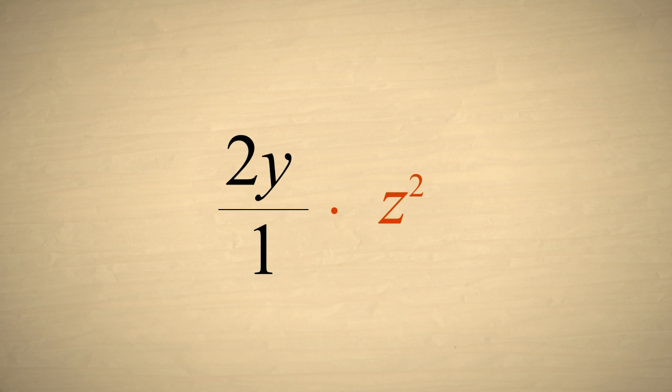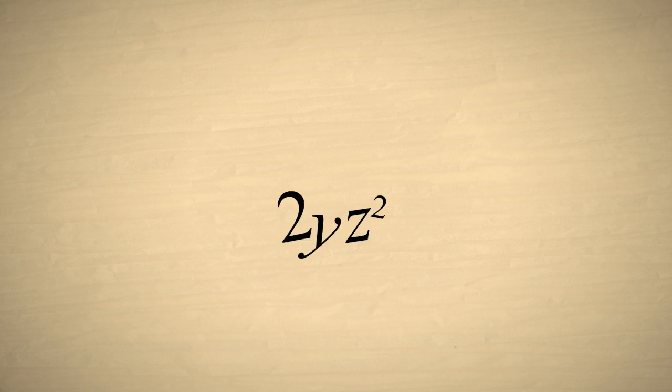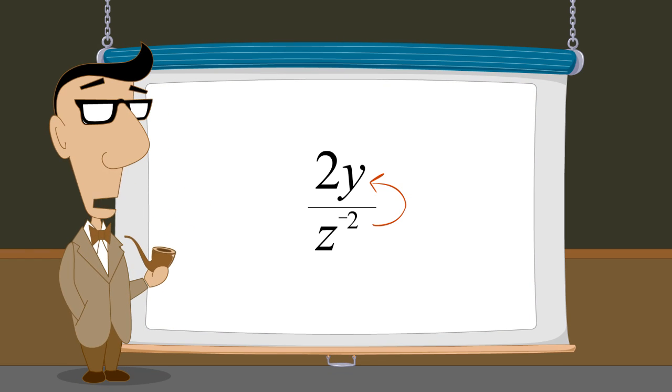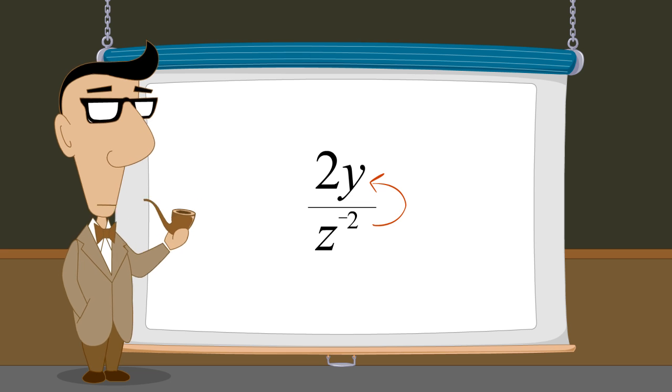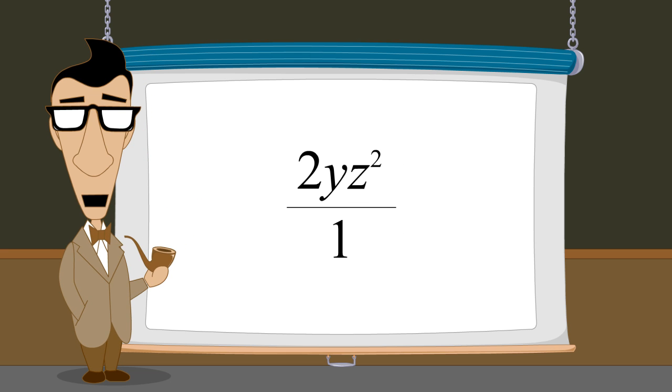We then multiplied z squared with the rest of the expression to combine everything back into one expression. Since this expression had a denominator of 1, it could be eliminated. So whenever we move all the terms out of the denominator, we are actually left with a denominator of 1, which we can then eliminate.